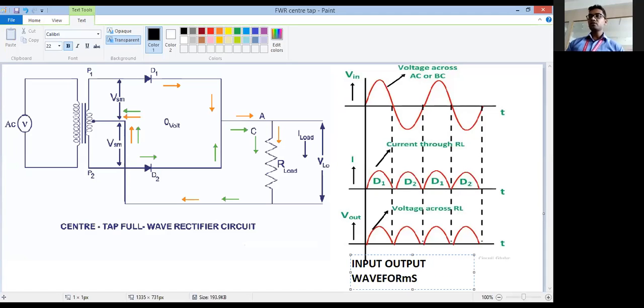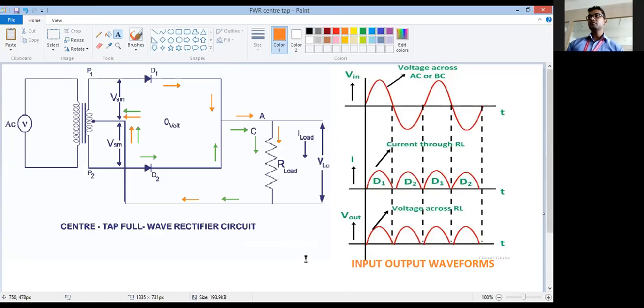So always call it the input output waveform diagram. Always remember, this is the input output waveform diagram. If somebody has raised a hand, please message it.